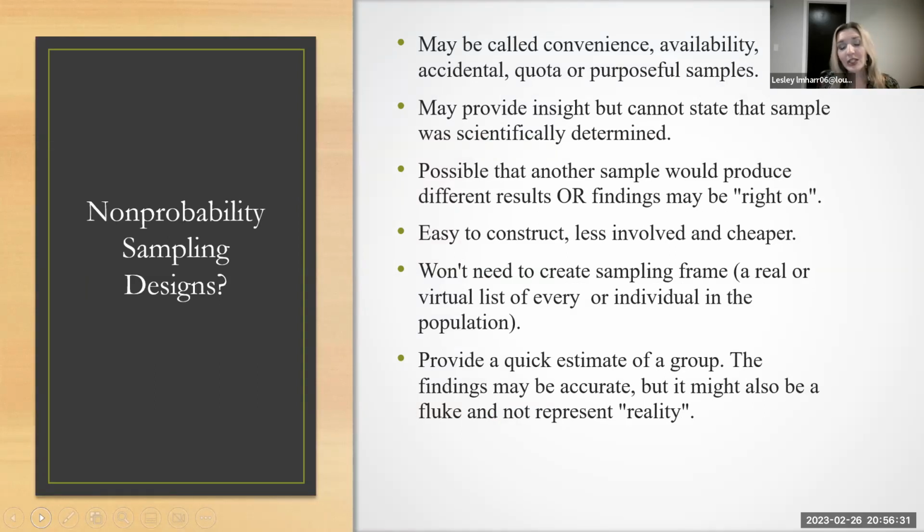Okay. So when we think about sampling designs for our final paper, which is our program evaluation, we really have two options. We have probability sampling designs and non-probability sampling designs. So the biggest difference between probability and non-probability designs is the idea of randomization.